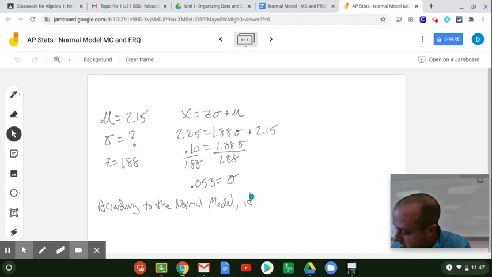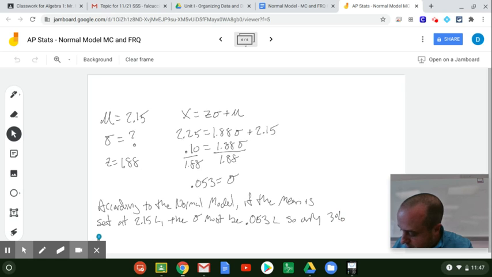If the mean is set at 2.15 liters, the standard deviation must be 0.053 liters, so only 3% of bottles are overfilled. All right, I have context.